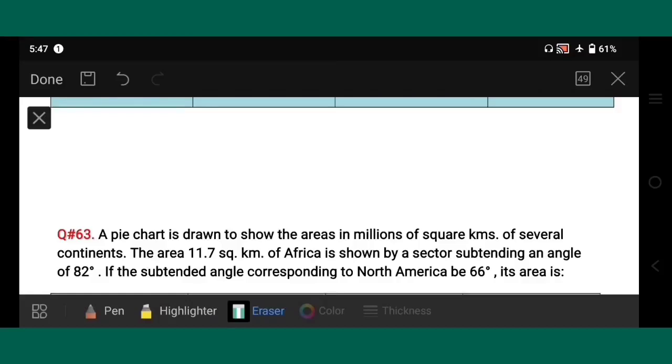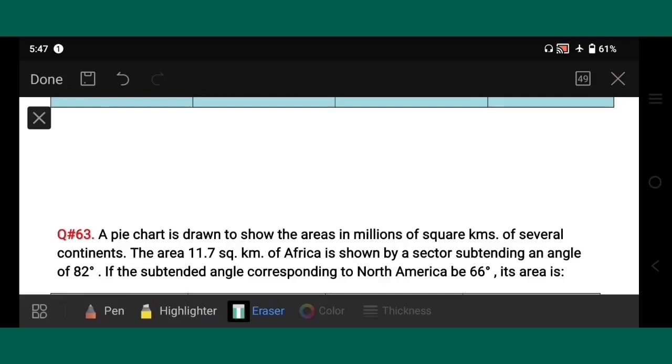A pie chart is drawn to show the areas in millions of square kilometers of several continents. The area 11.7 square kilometers of Africa is shown by a sector subtending an angle of 82 degrees. If the subtended angle corresponding to North America be 66 degrees, its area is, the options are 10.8 square kilometers, 9.4 square kilometers, 8.8 square kilometers, 5.6 square kilometers.